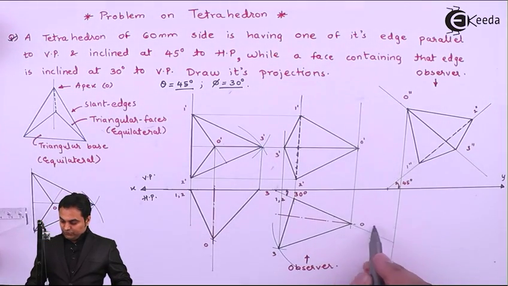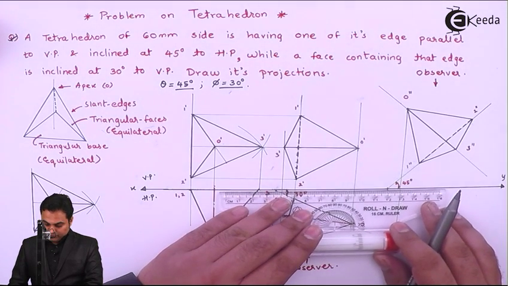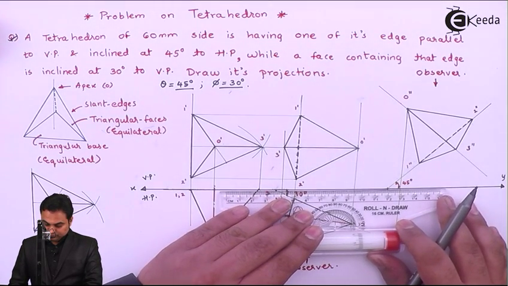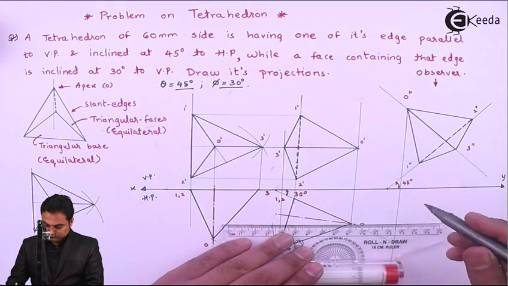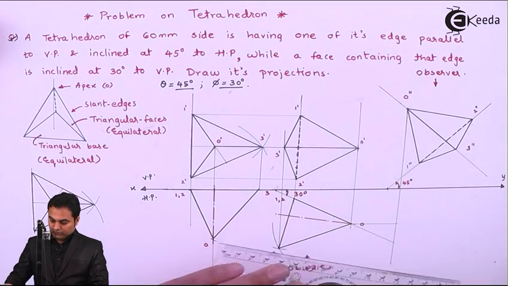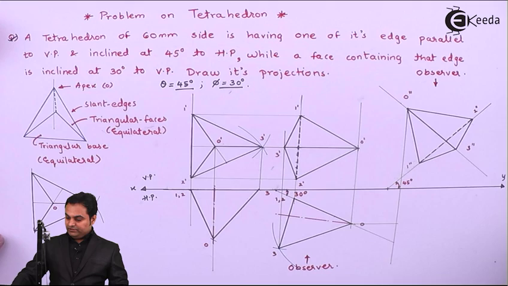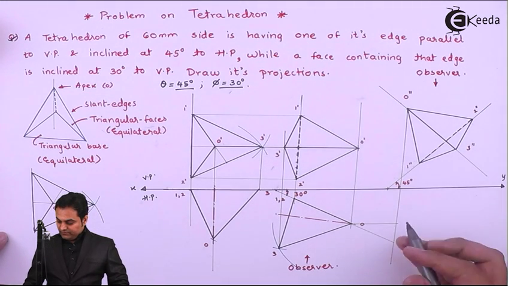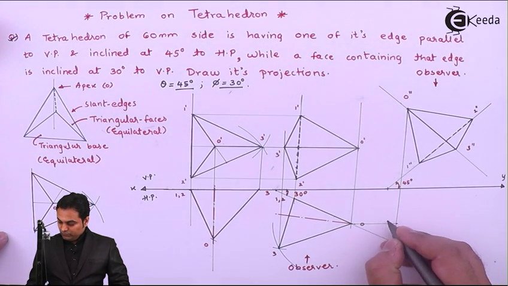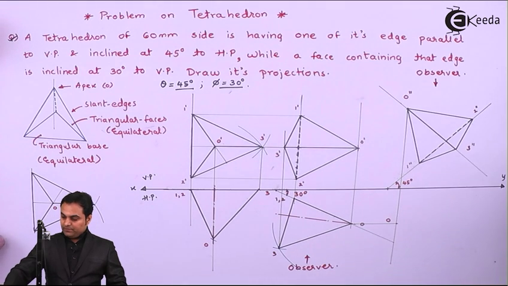Then point O, that is the apex, from the top view. Wherever O double dash and O intersect, that gives us point O in the top view, apex.